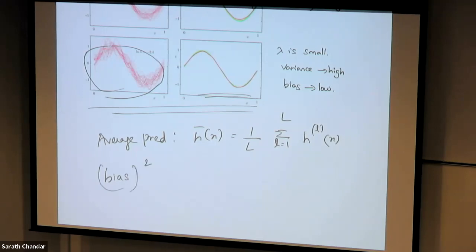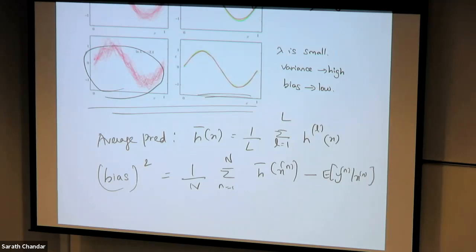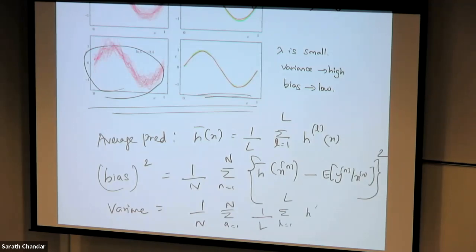Bias squared is given by 1 over N, summation over n equals 1 to N, of h bar of x_n, the average prediction, minus the true function E of y_n given x_n. For this data set I can compute this because I know the true function. Then we have the variance, given by 1 over N, summation over n equals 1 to N, of 1 over L, summation over l equals 1 to L, of h_l of x_n minus h bar.